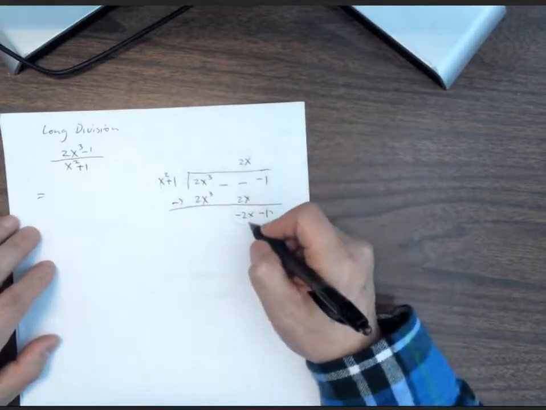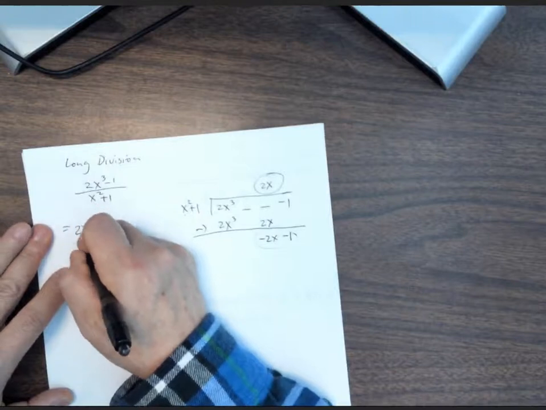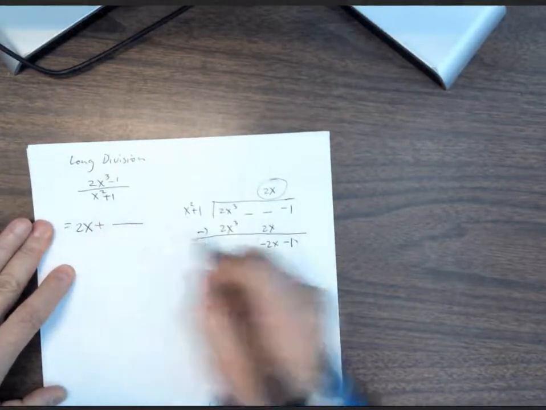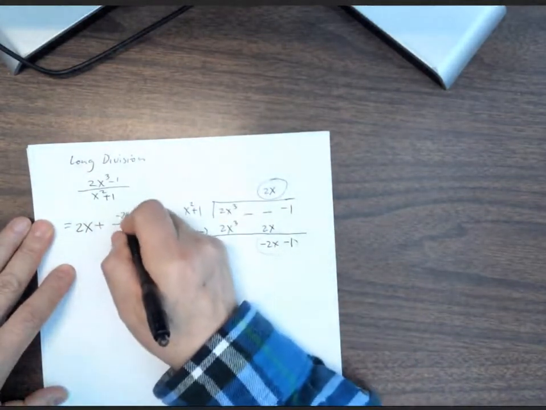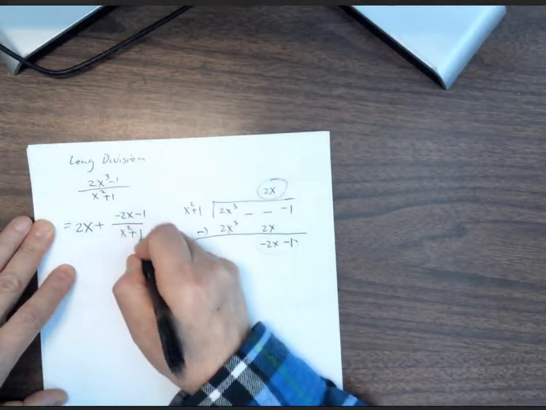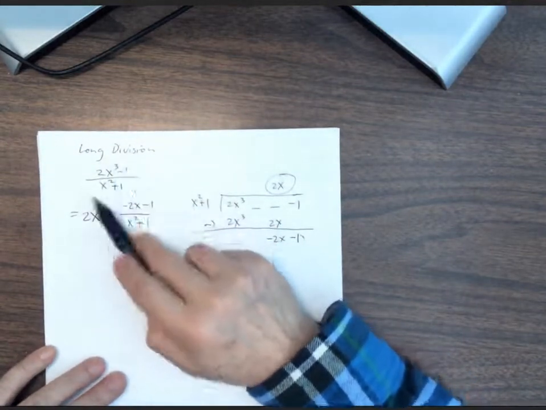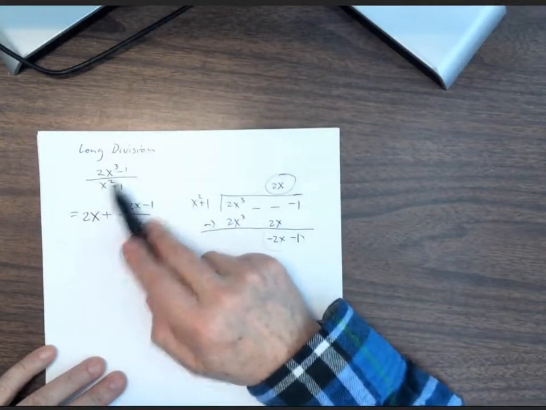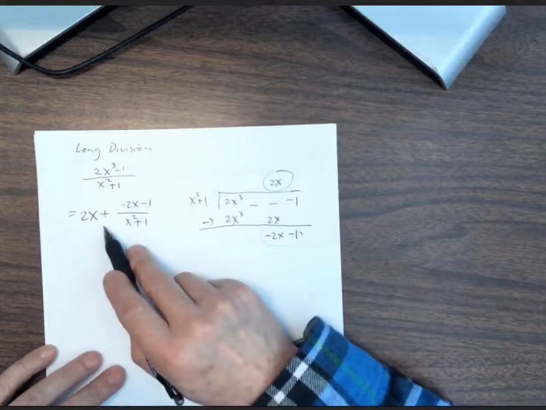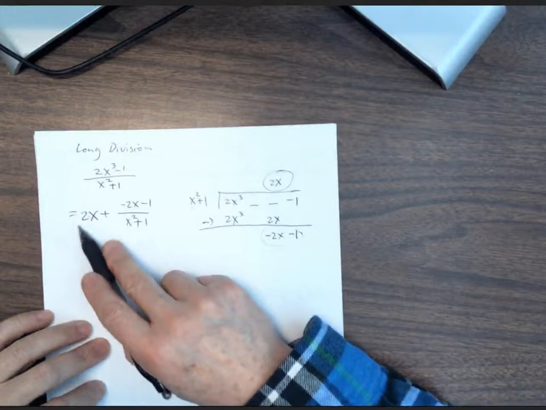Now let's write down our answer. This is the quotient. We put the quotient here, and the remainder and divisor. Now you see the improper fraction is expressed as a sum of a lower order polynomial.